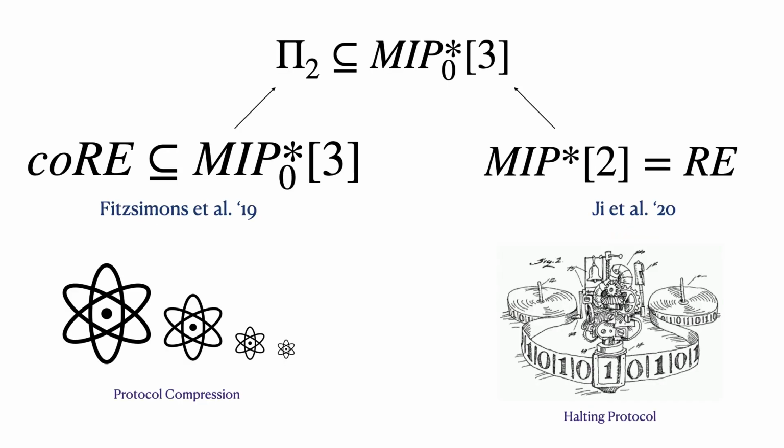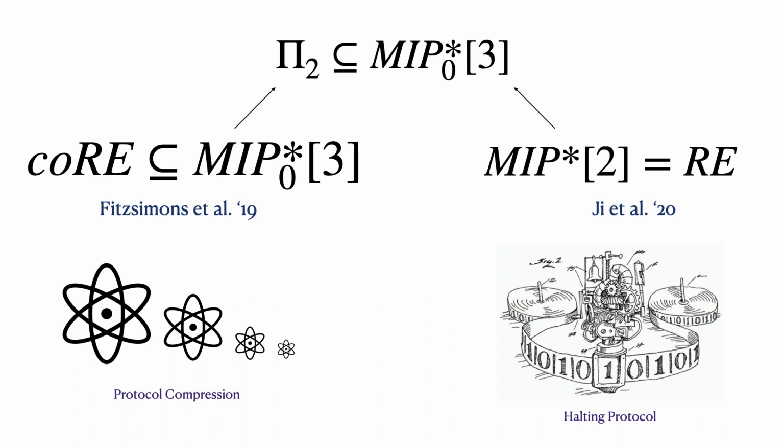Now the other direction uses two very strong results. The first tool we use is known as protocol compression. It was invented and successfully applied in the Fitzsimons et al. paper from 2019 to show that Co-RE, or Pi1, is in MIP star 0.